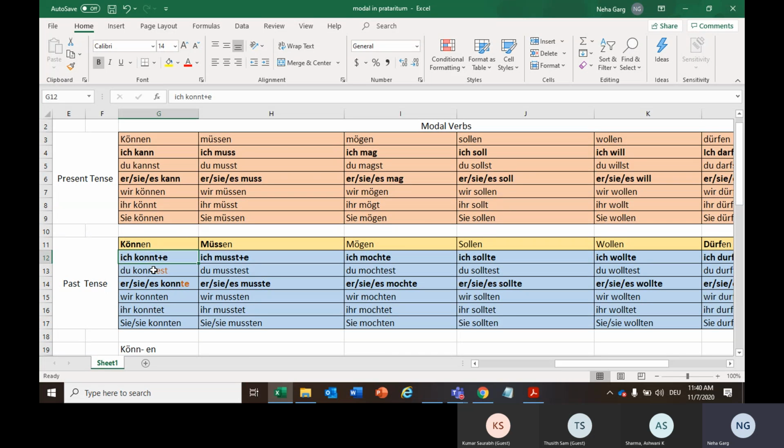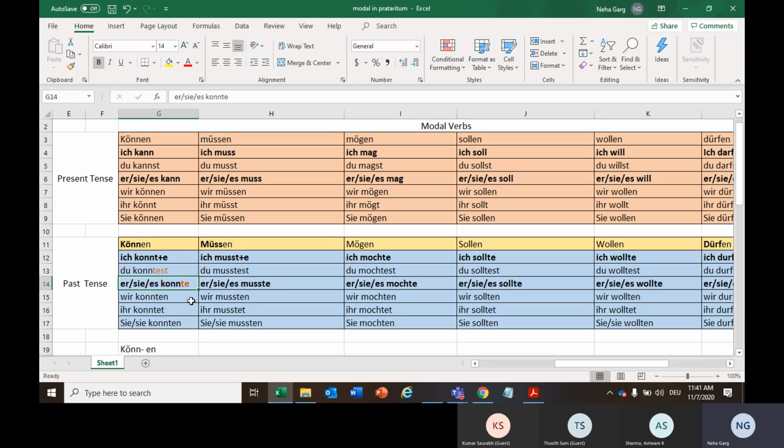Then du konntest. Again, we would take the stem word, remove the umlaut, add t, and then est, similarly to how we conjugate something with du. So ich konnte, du konntest. Again, er, sie, es and ich remain the same.